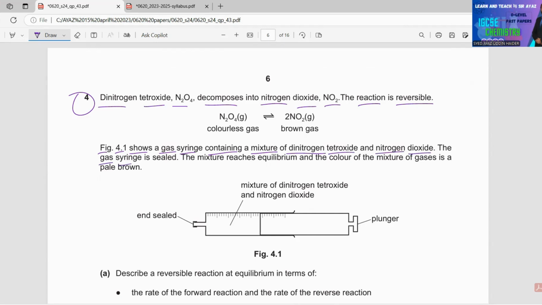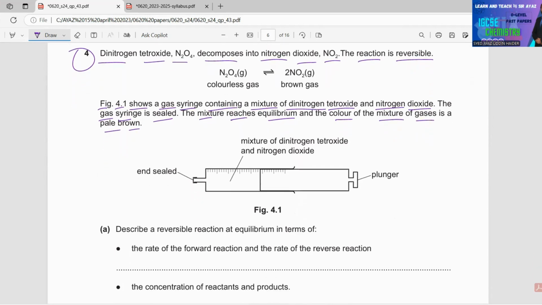The gas syringe is sealed. The mixture reaches equilibrium and the color of the mixture of gases is pale brown. It's a diagram with the end sealed and a plunger on the right hand side, and in this syringe there is a mixture of dinitrogen tetroxide and nitrogen dioxide.